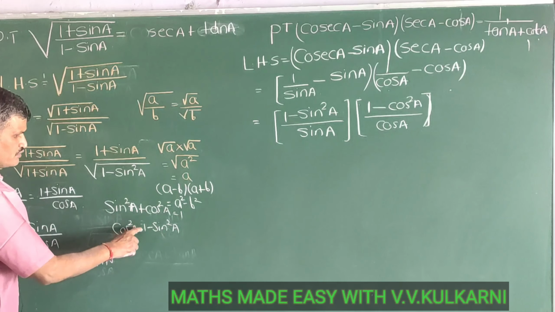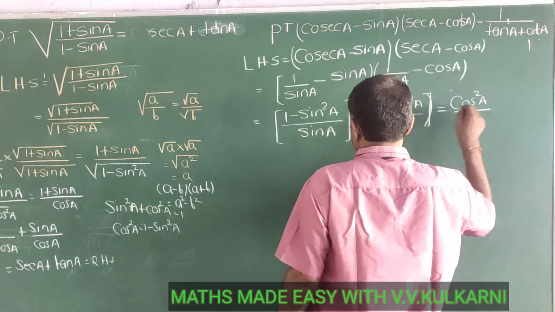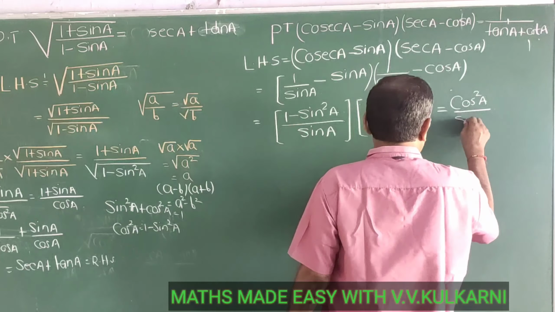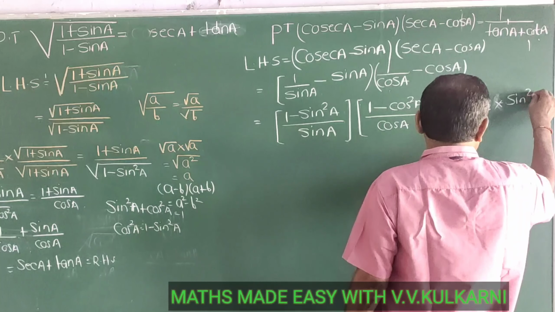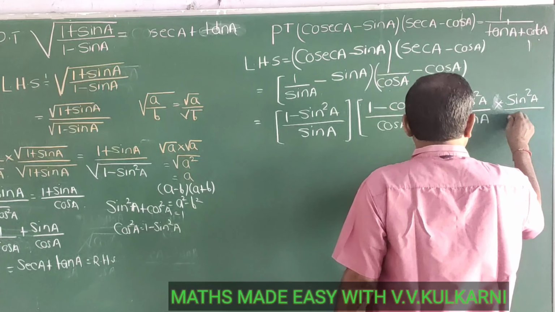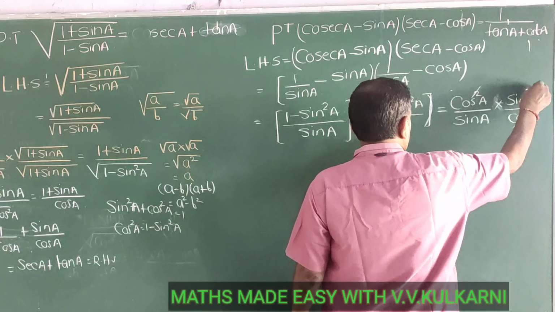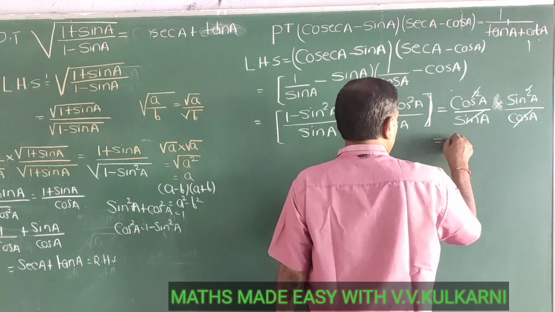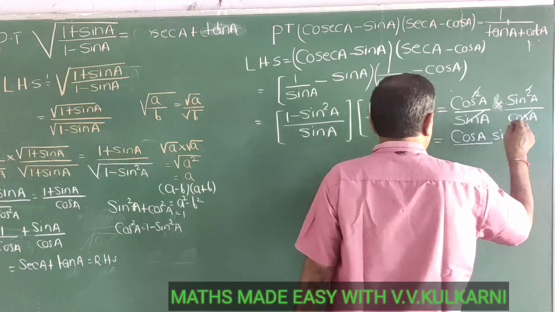So wherever 1 minus sin square is there, you can write it as cos square a, and 1 minus cos square a is sin square a, divided by sin a. So if I simplify, out of 2, 1 will cancel, out of 2, 1 will cancel. So what I get here is cos a into sin a as the left hand side.